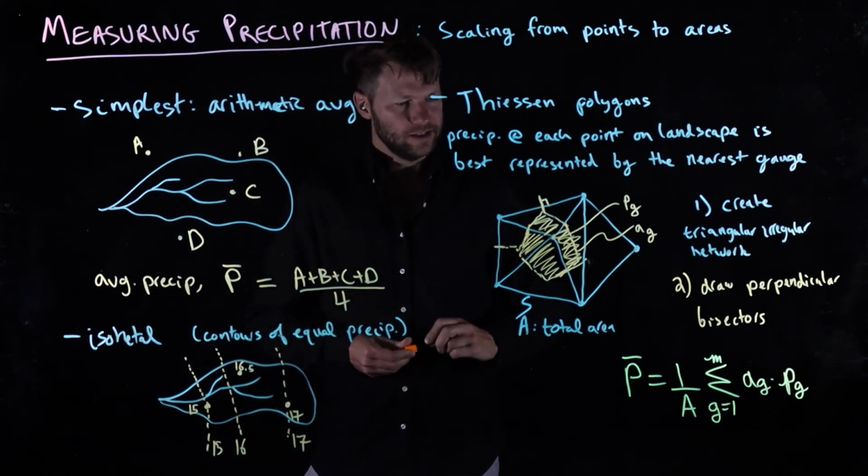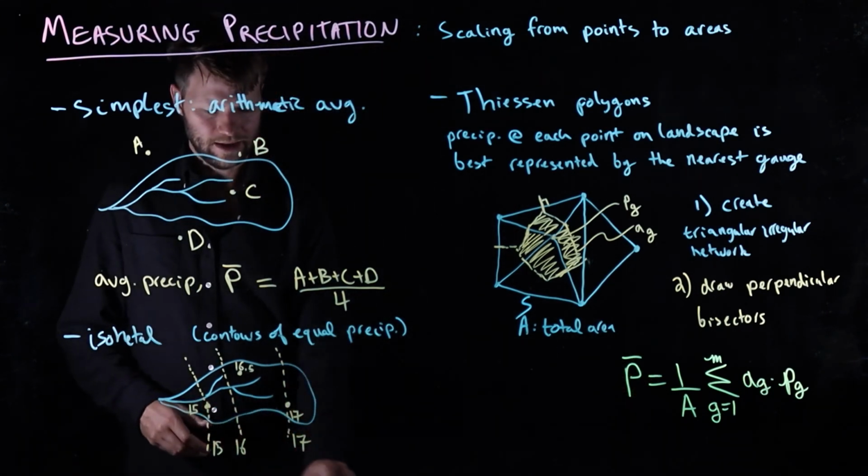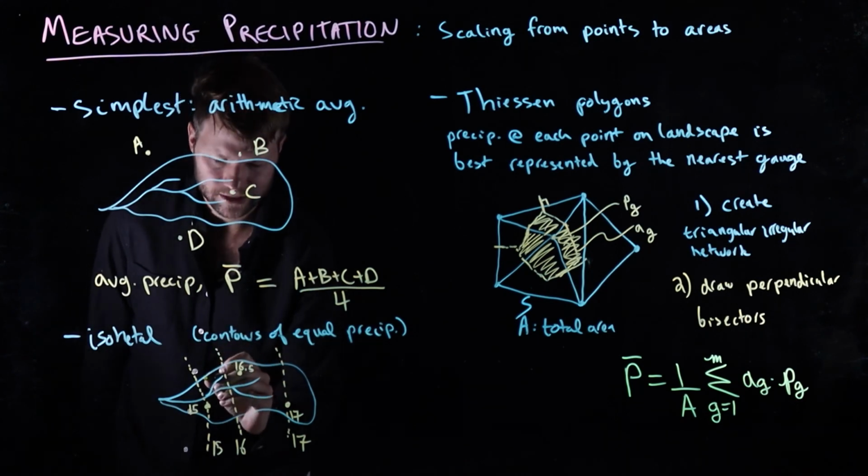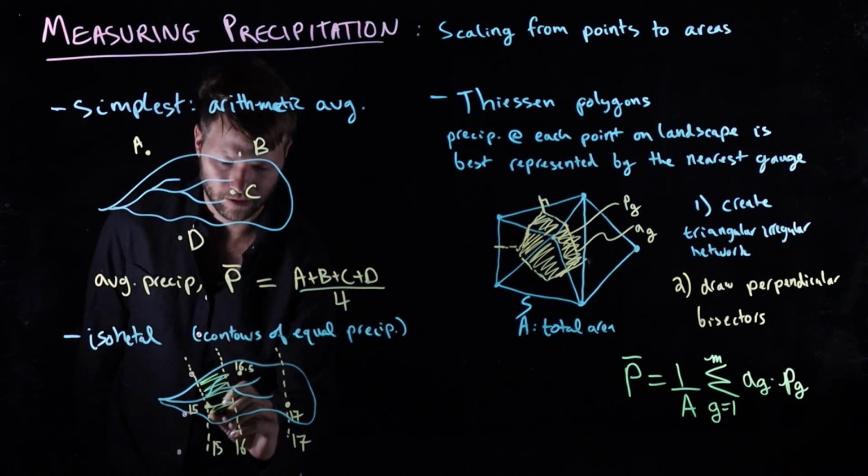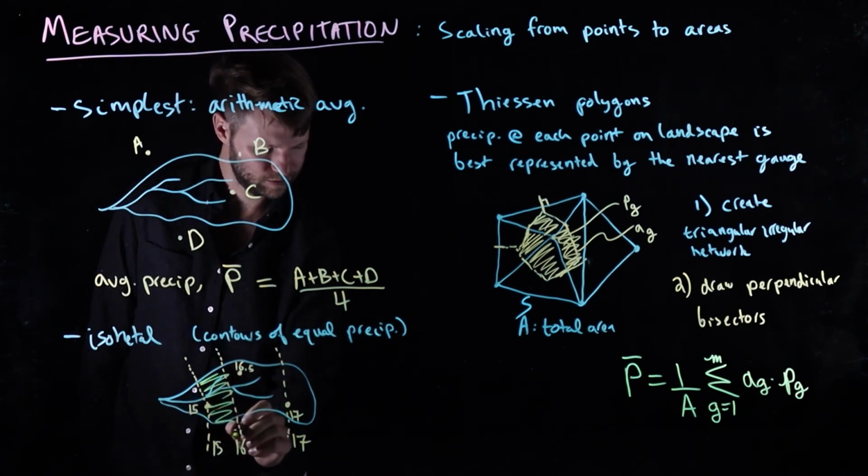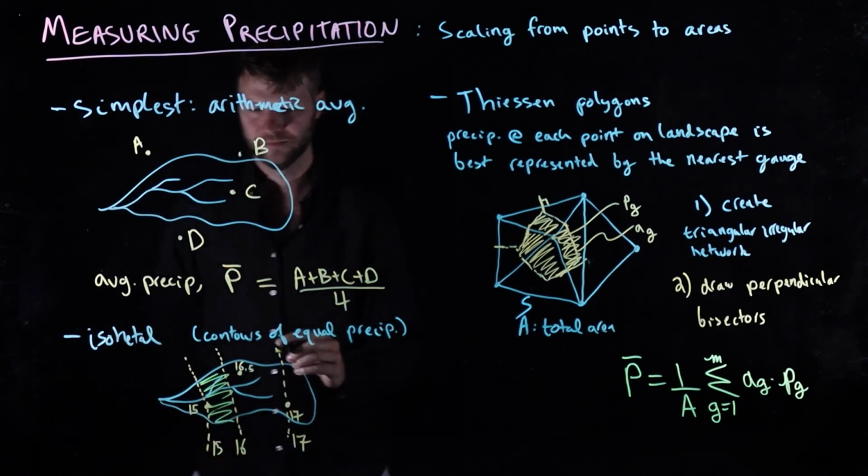And similarly to this method, we can now outline particular areas of the catchment that fall between these two different amounts of precipitation.